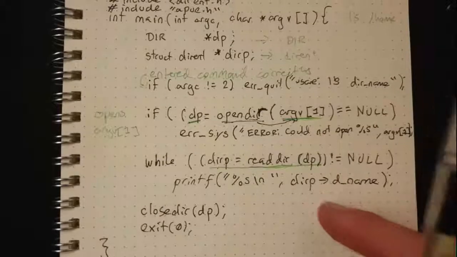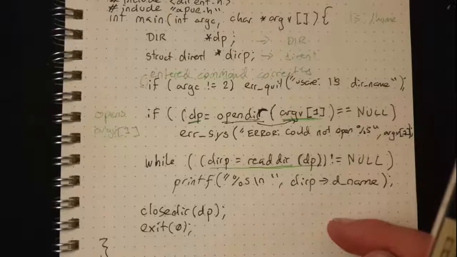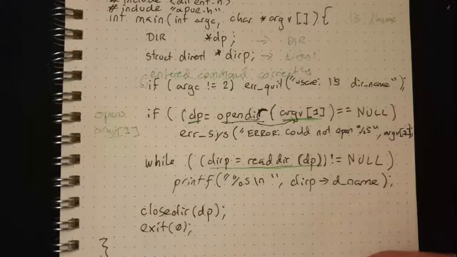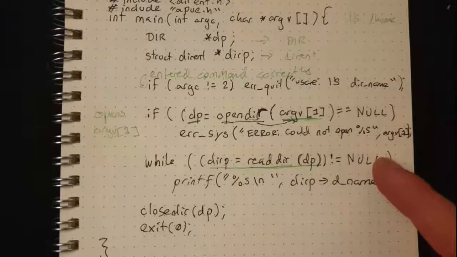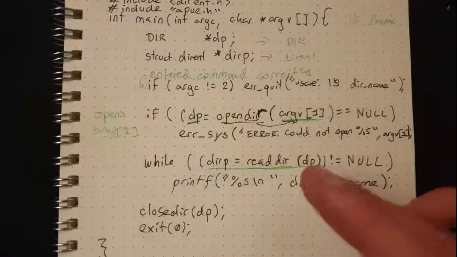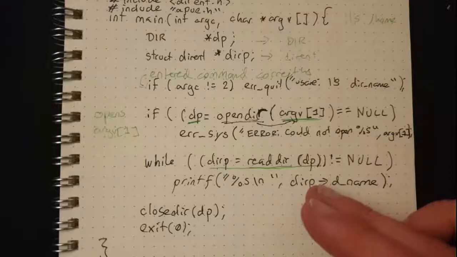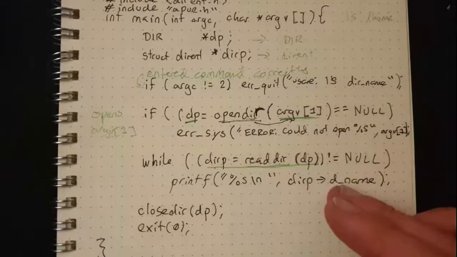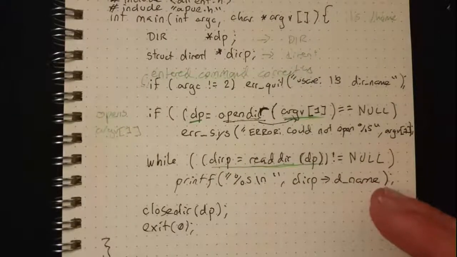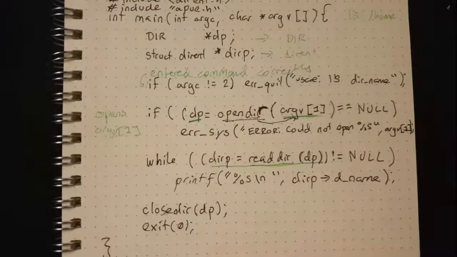Then when you run it again, it goes to the next one. When you run it again, it goes to the next one. And then once it's done, it says there's none left. It returns null, and you can continue. While it reads the files, it reads the directory entry and prints d_name. Then it closes it and exits.